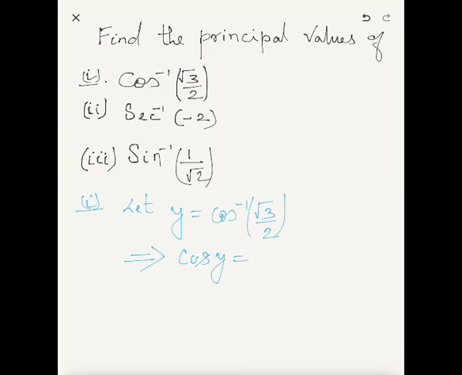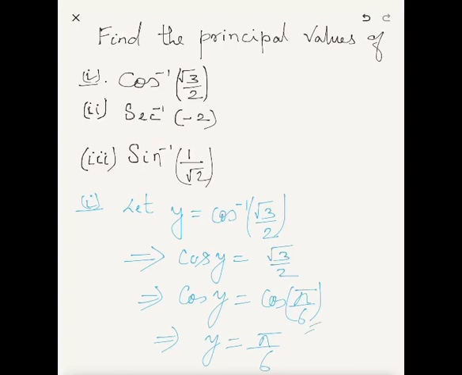Root 3 by 2, isn't it? How can you write this? Cos y equals cos pi by 6. So what is your y? y is equal to pi by 6.